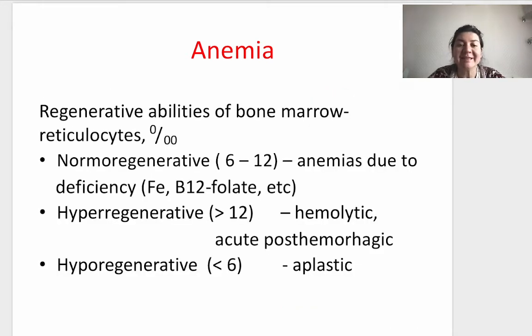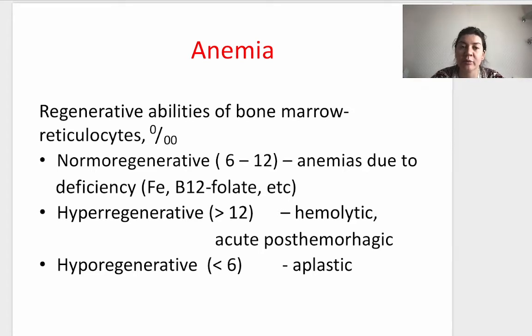According to regenerative ability of bone marrow, we check it by level of reticulocytes, and we can divide all anemias. Normal regenerative is when it is from 6 to 12 per mille of reticulocytes, for example, in anemia due to deficiency of iron, B12, etc. It can be hyper-regenerative when reticulocytes are more than 12, like in hemolytic or acute post-hemorrhagic anemia.